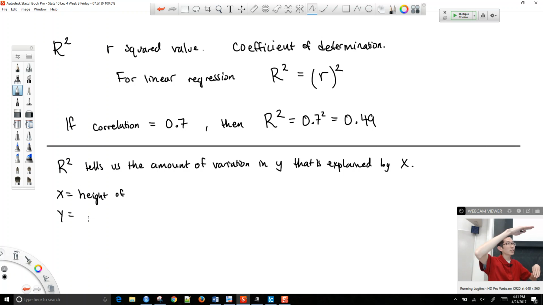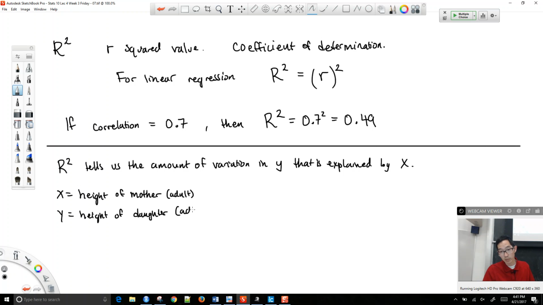Based on how tall the adult mother is, can we make a prediction about how tall the adult daughter is? So x will be the height of the mother as an adult, and y will be the height of the daughter as an adult.